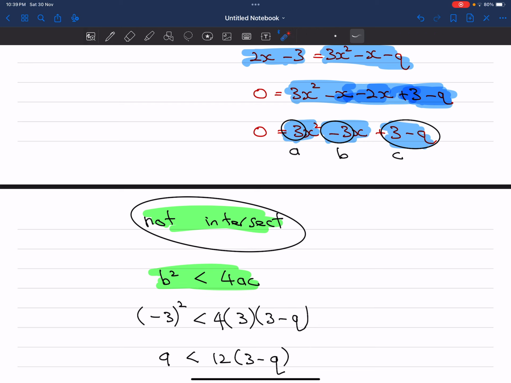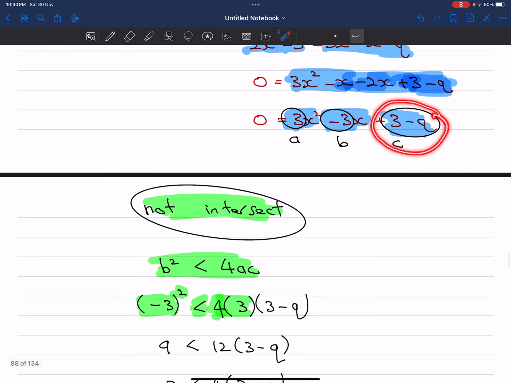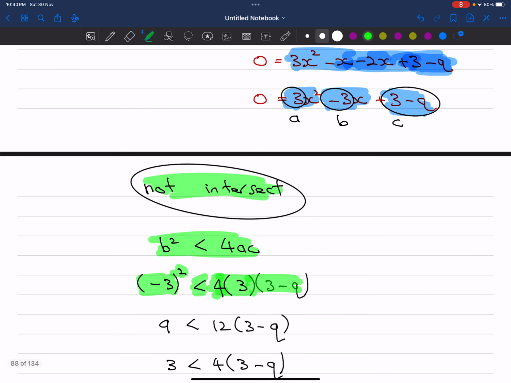That's all. Our b is negative 3, don't forget to square, less than 4, a is 3, and our c is 3 minus q.